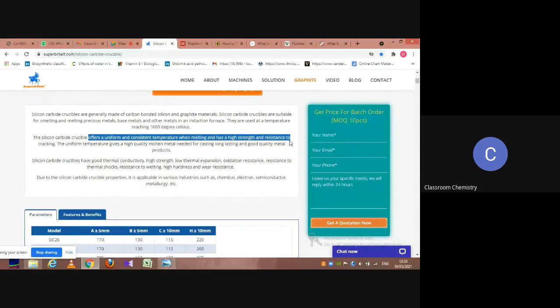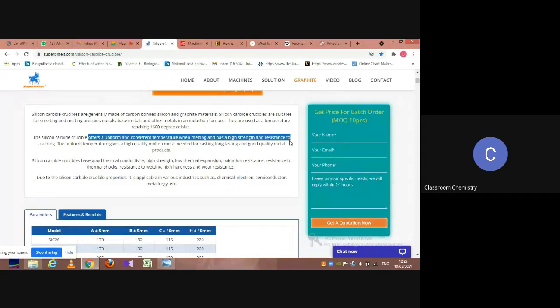Okay, if you are asked why silicon carbide crucibles are used, here is the reason. Because they are uniform, consistent temperature means the temperature is completely uniform throughout the crucible part. Okay, and when melting it has a high strength and resistance to cracking, so it doesn't get easily cracked.